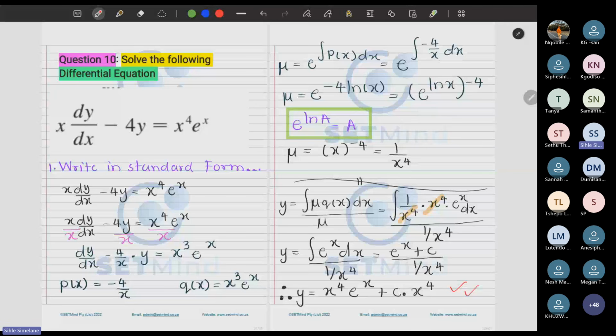Okay. Anyone, guys, who can hear them clearly, who understands what they are saying? Sir, yes, he's talking about the q of x. When you wrote the two equations, p of x and q of x, q of x equals x to the third power times e to the x.